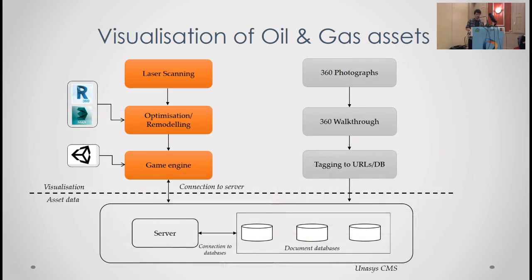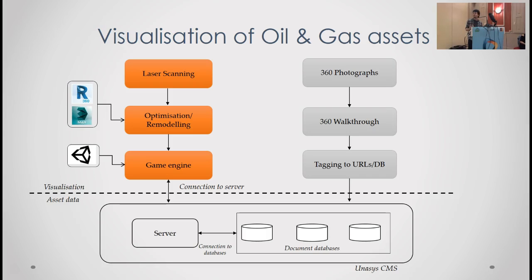For the first approach to visualize 3D data, after we have performed the laser scanning survey, we use Recap to generate point clouds and to optimize the point cloud as well. Given that oil and gas facilities have very complex geometry in terms of piping and all the assets, it's quite different from a building. It's very difficult to model these assets from the point cloud.